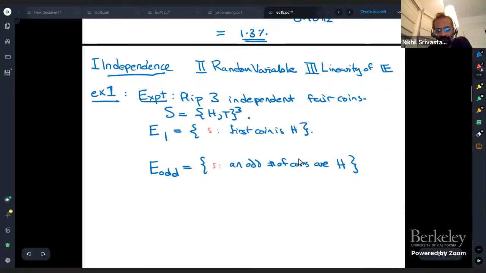And independence has already appeared once. I've used it as a hypothesis, or you could call it an assumption or a definition, in defining the experiment.